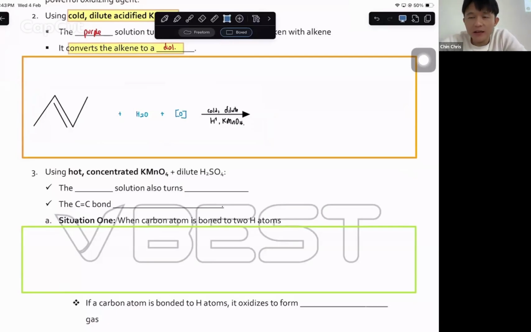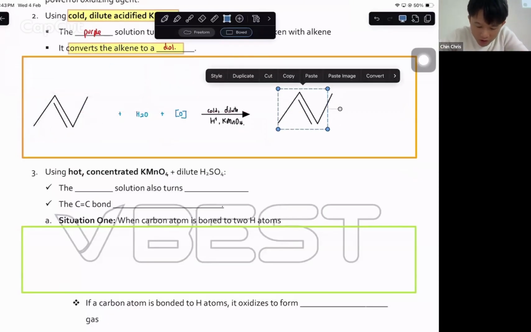So guys, using cold dilute KMnO4, an alkene is going to turn into a diol.